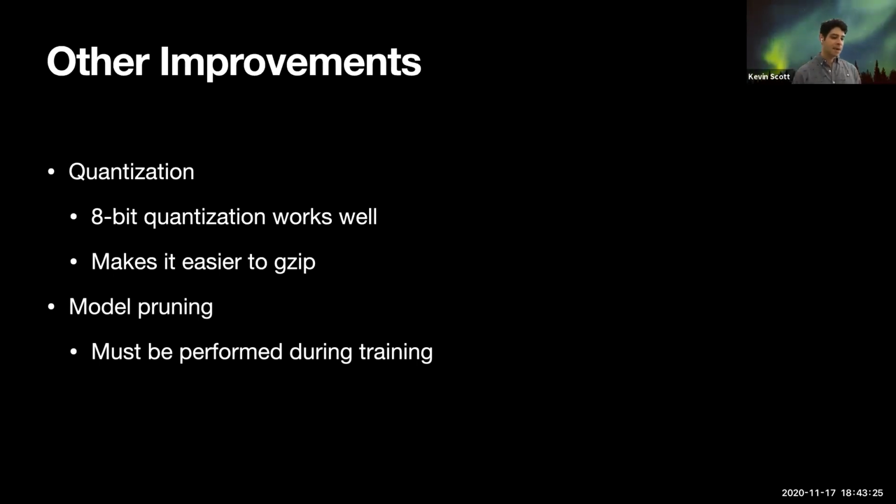This is basically an operation where, while training, you try to find the parts of the neural network that are not really contributing much to the overall prediction. A lot of the time these weights are either 0 or close to 0. What you can do is just cut them out entirely.